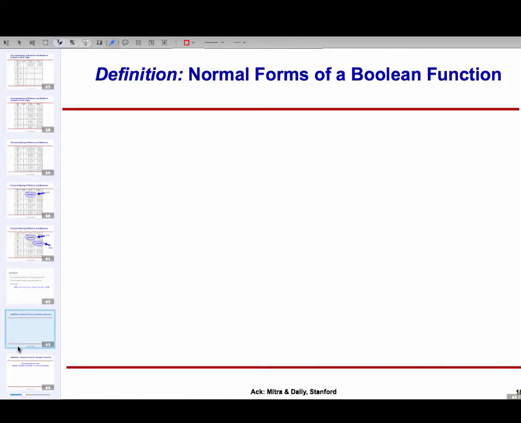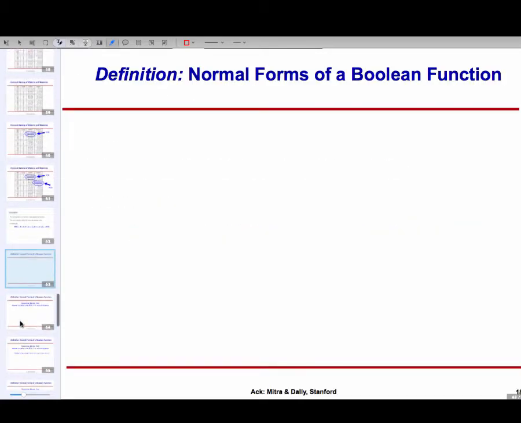Okay, so now comes why. Why this minterm? Why this maxterm? The reason behind this is that there is a concept called a normal form. Normal form in mathematics means a standard, canonical way of representing something. It is useful because we saw that the same function could be written in many different ways.